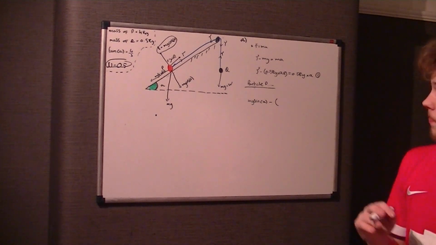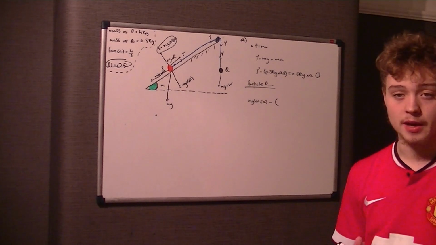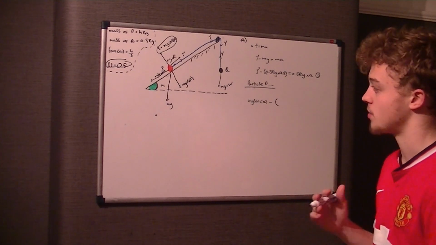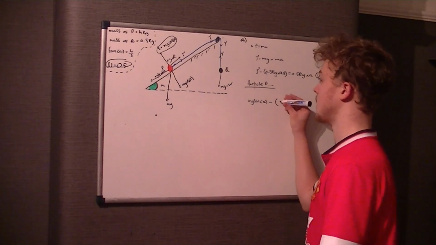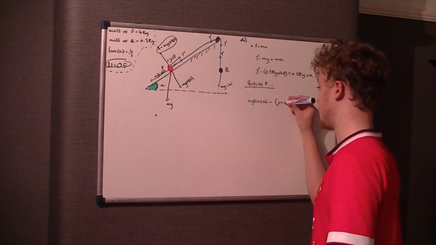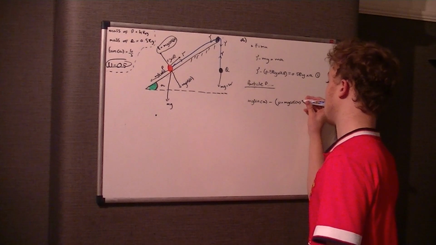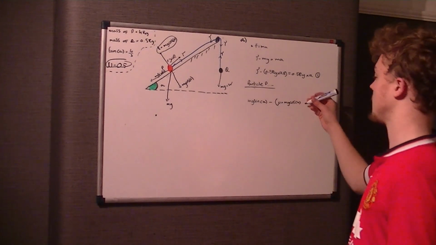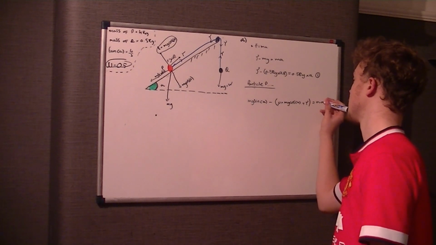So the forces pulling it up, we said tension, and this other force, the coefficient of friction times the normal reaction force, so F equals mu R. So it's mu times R. Now R is mg cos A. I'm just going to put mg cos A in. And we add to that the tension. And that is equal to the mass times acceleration.